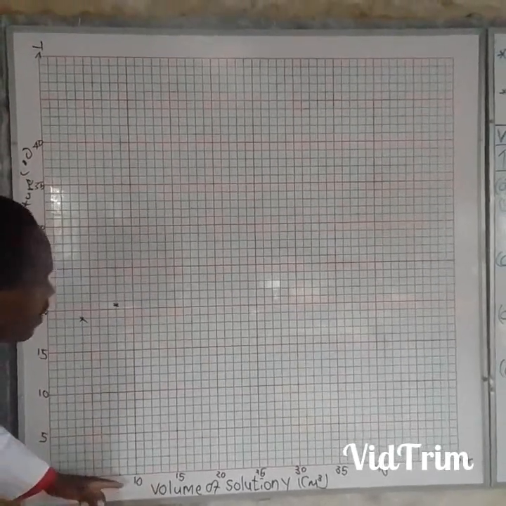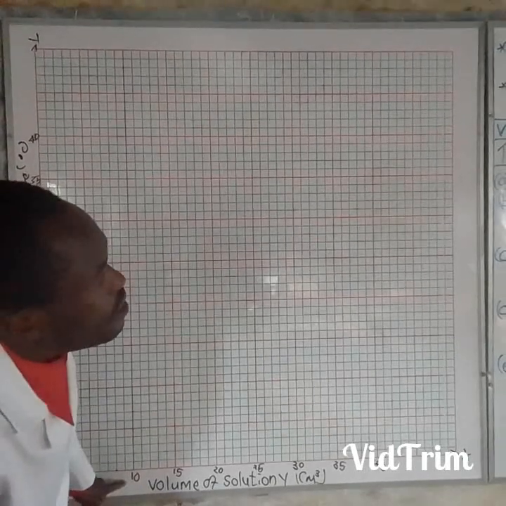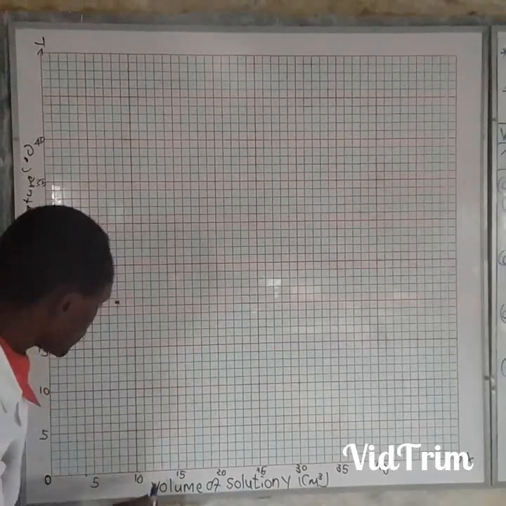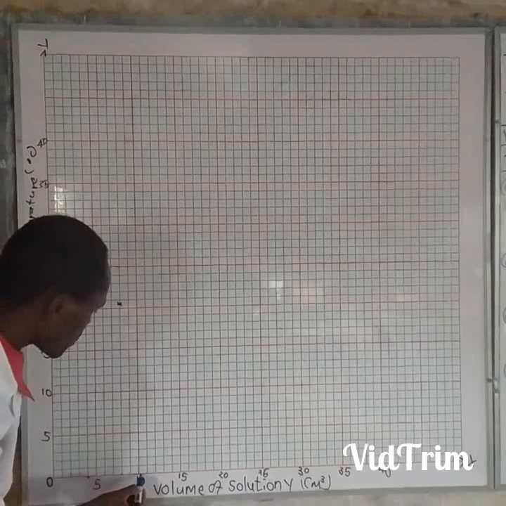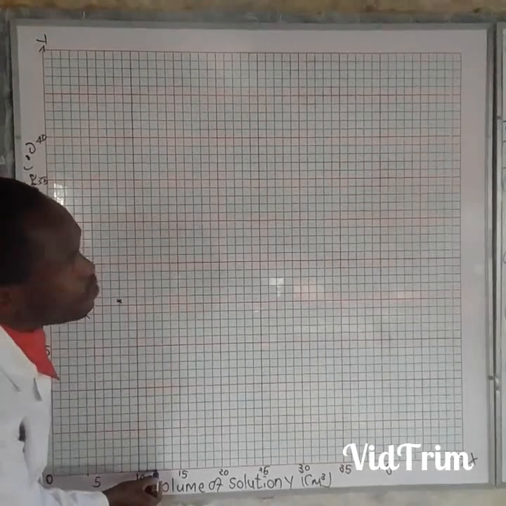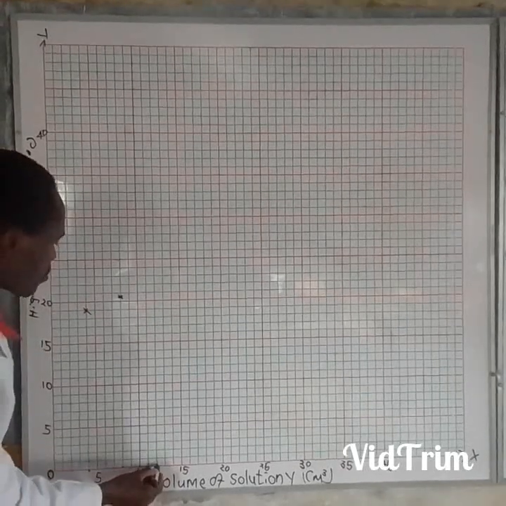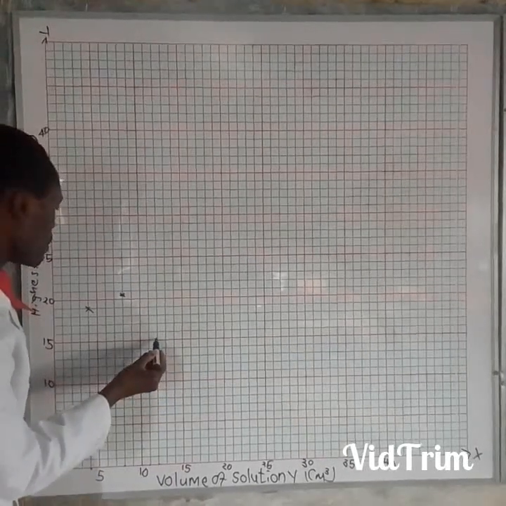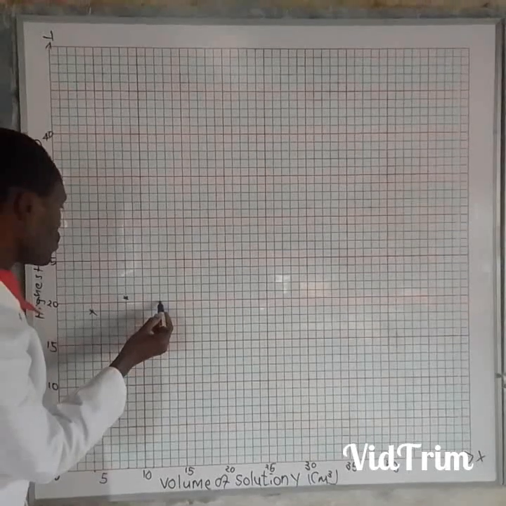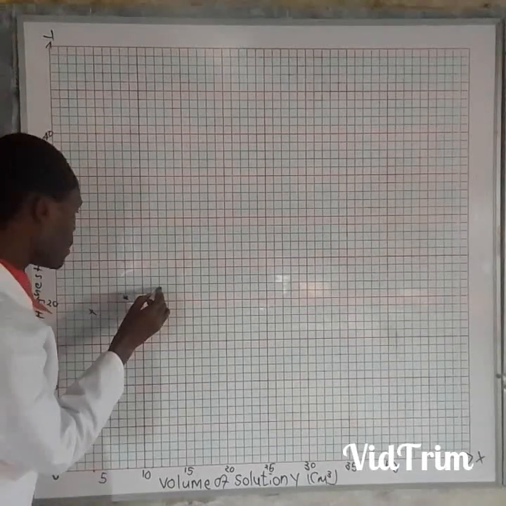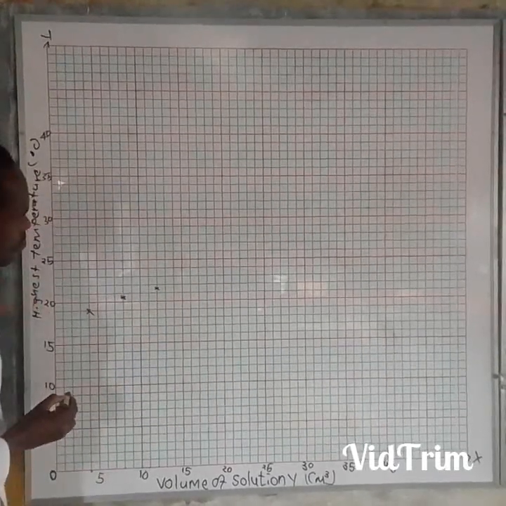Then when the volume is 12, that is 10, 11, 12, then the highest temperature is 21.5. So I move up to 21.5. If this is 20, this 21.5 is at the center of that box.